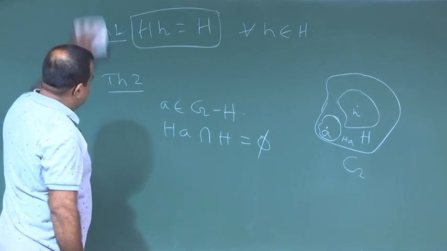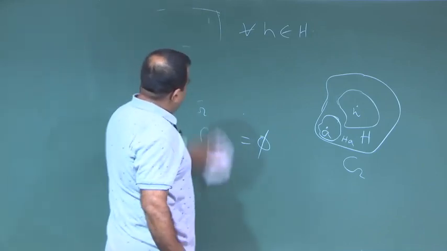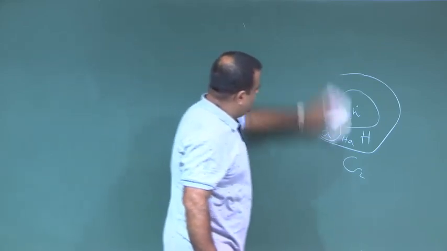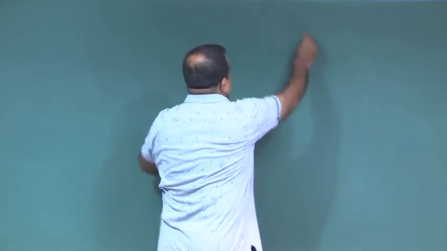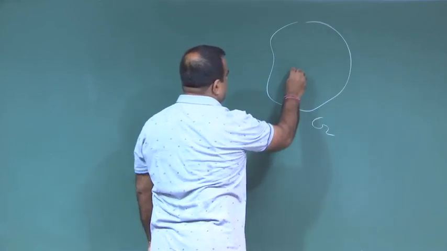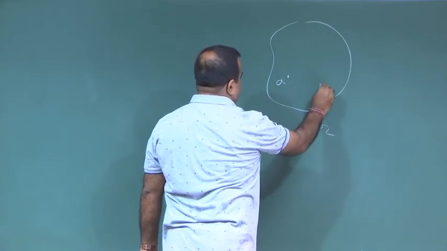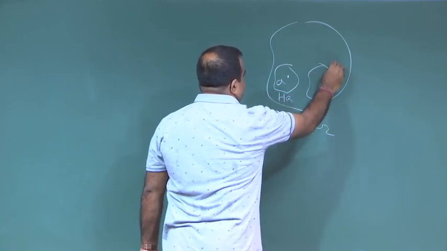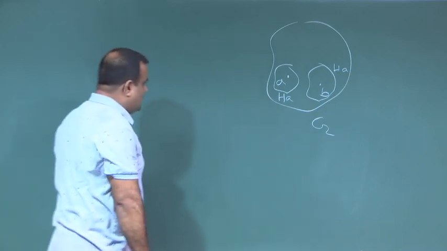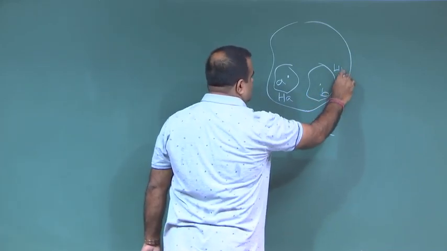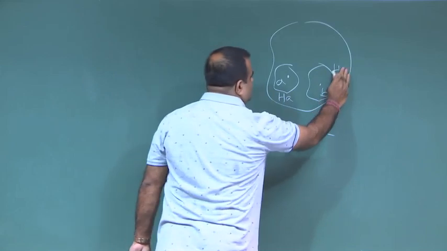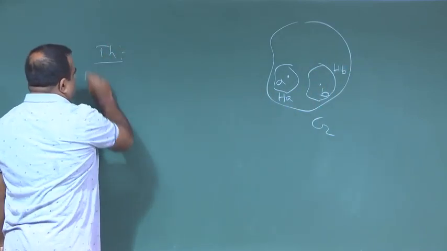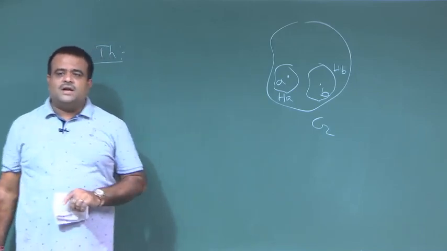Now, another result: if you take any two elements a and b from G, this is our G, and say this is Ha and this is Hb, these are two right cosets. This theorem tells us they are either the same or they are disjoint.